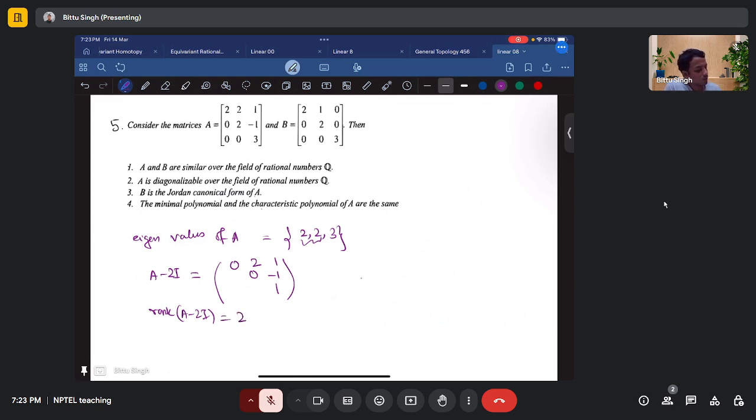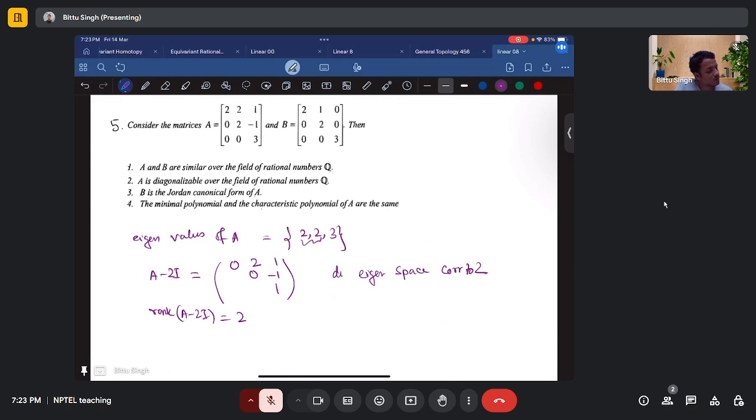Therefore the eigenspace corresponding to lambda equal to 2 is one dimensional, right?